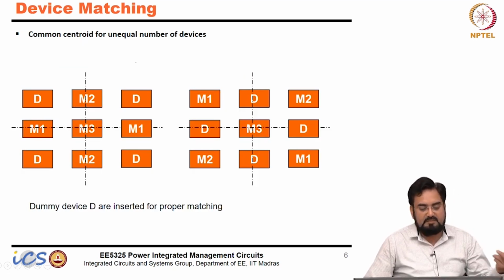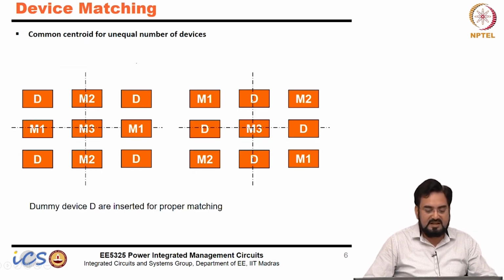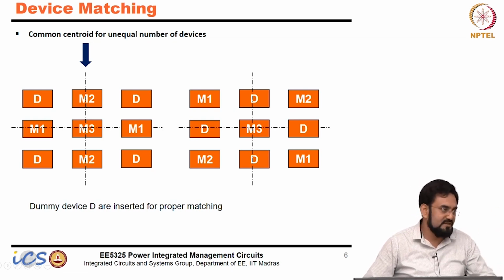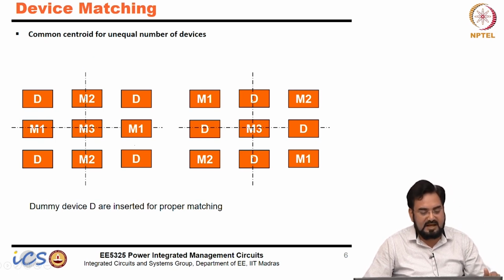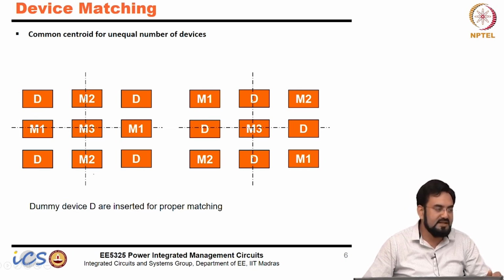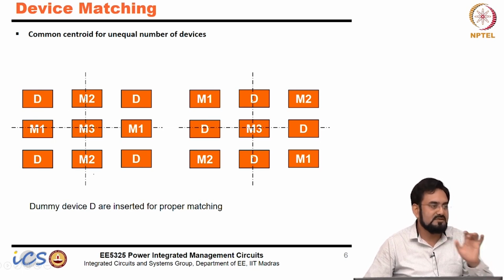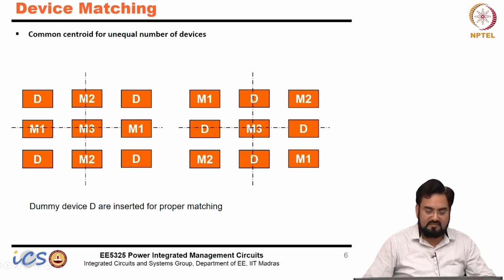Then if you have an unequal number, let's say M1, M1, M2, and your M3 is a single device, then M3 should be placed at the center, and all the other devices will be around it. It's not necessary to use a diagonal; even if you draw a straight line, it should also cross at the center.